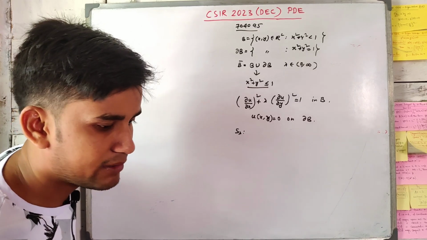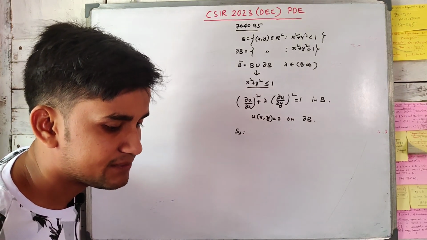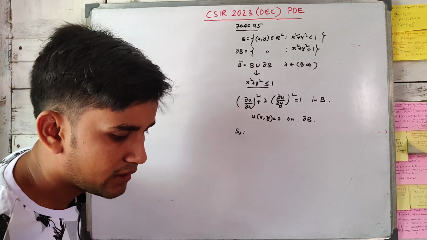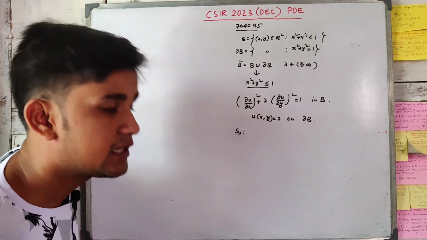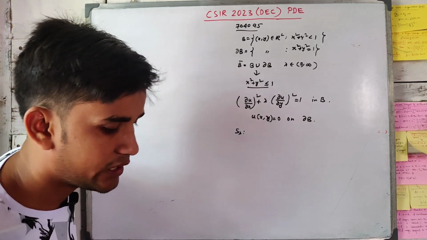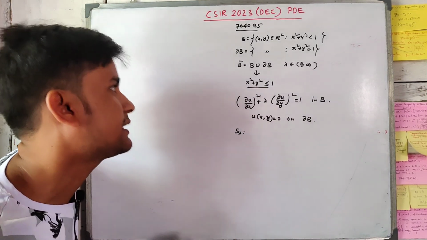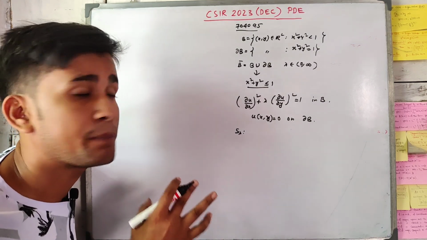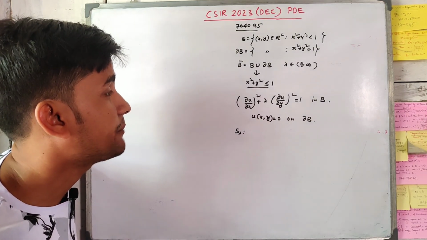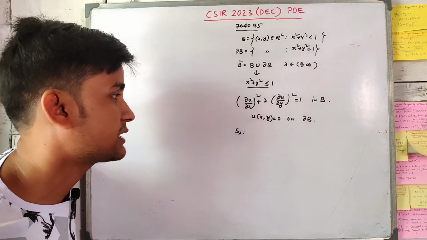So S lambda is the set of twice continuously differentiable functions in B. That means we have to find the cardinality, that is the number of solutions that exist on this interval. Now this is an easy problem if you understand it, because these types of problems also come in the exam, in past exams.